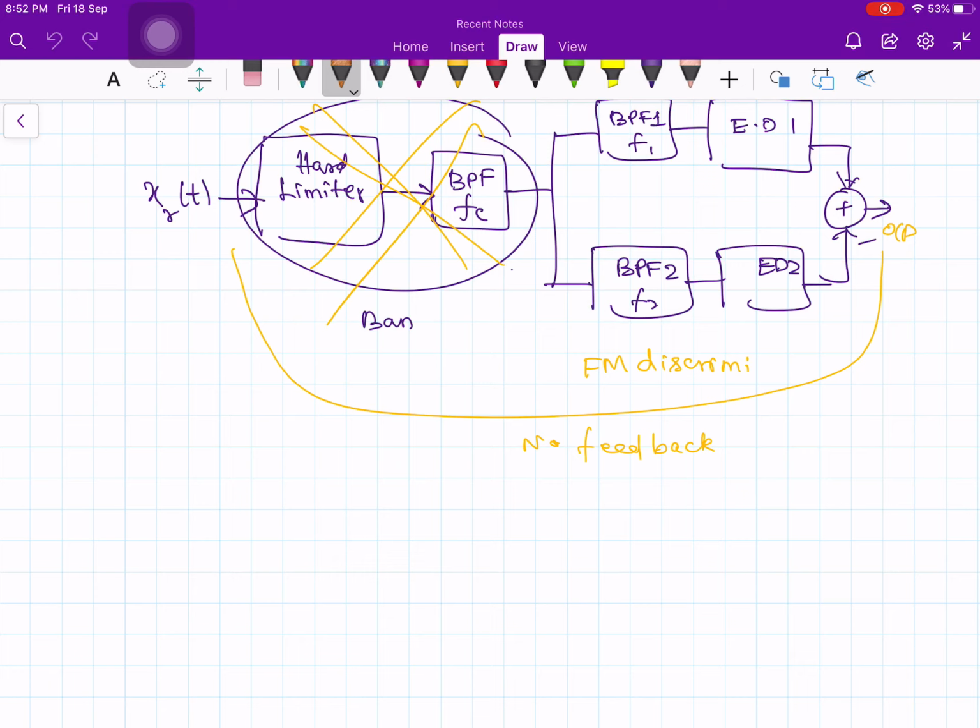So this type of discriminator is called, as I said, open loop discriminators.